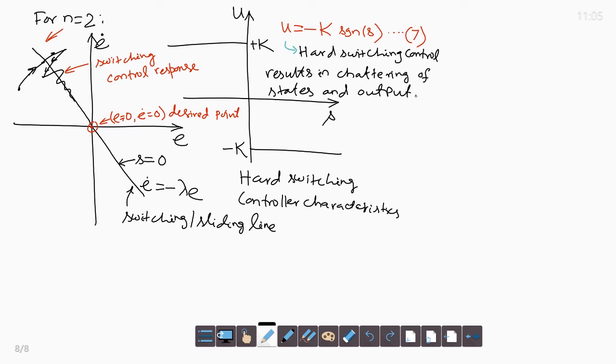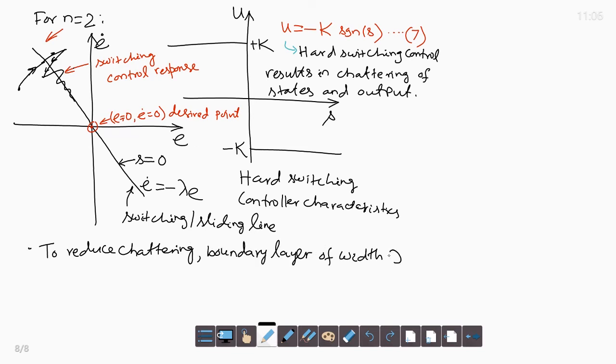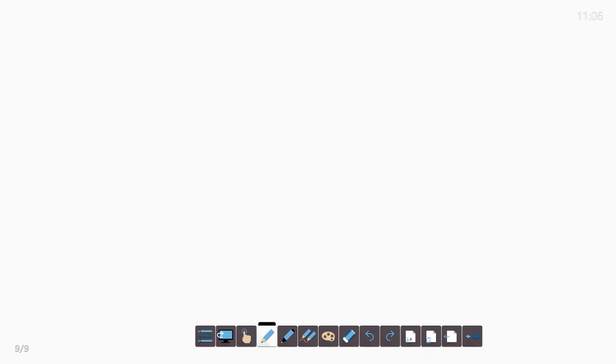As you see in this figure, there is chattering. To reduce chattering, a boundary layer of width phi is introduced on both sides as shown. So we will draw it in the next slide.